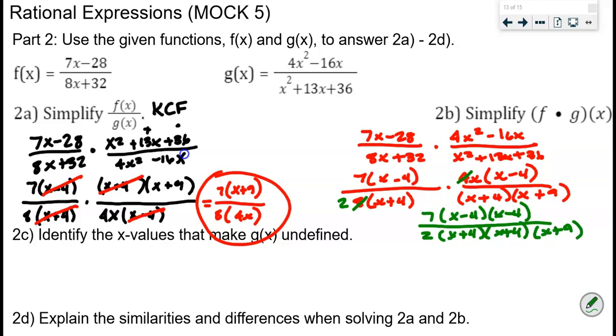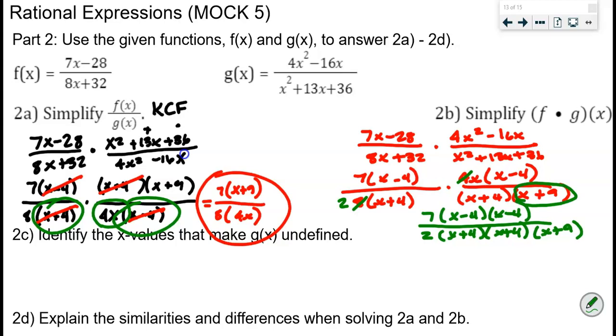So part C says, identify the x values that make g of x undefined for these. Okay, so that means we're going to take this and set it equal to 0, take this and set it equal to 0, take this and set it equal to 0. And then for the other one, the only other number is the 9.